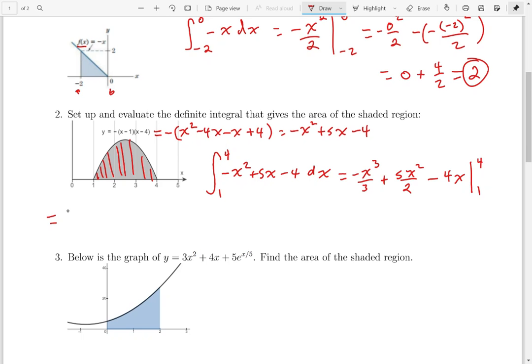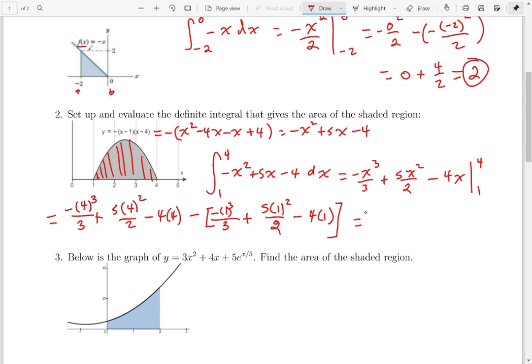So then we just plug our values in. This is negative 4 cubed divided by 3 plus 5 times 4 squared divided by 2 minus 4 times 4 minus, be careful with your brackets, negative 1 cubed over 3 plus 5 times 1 squared over 2 minus 4 times 1.